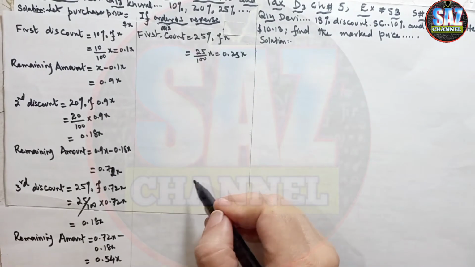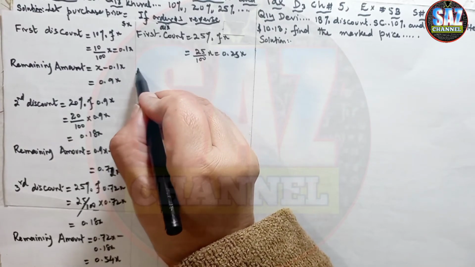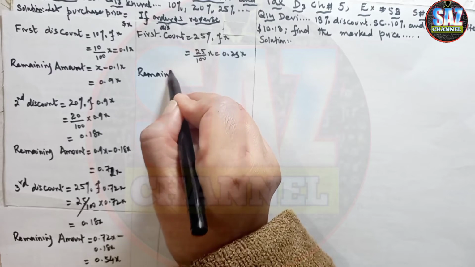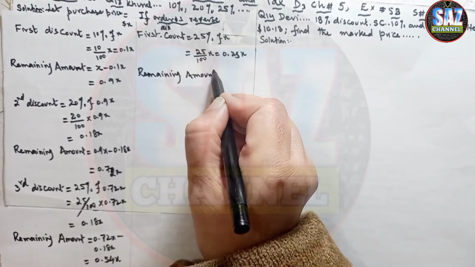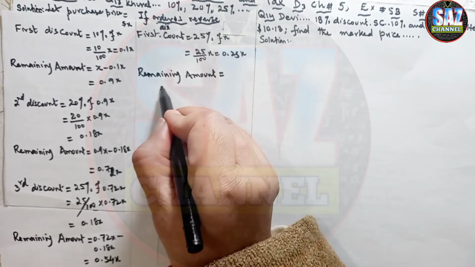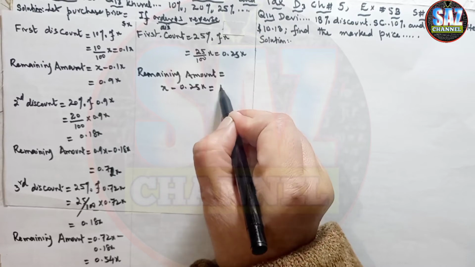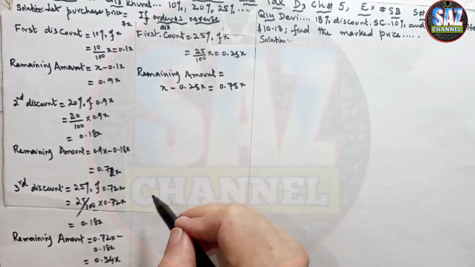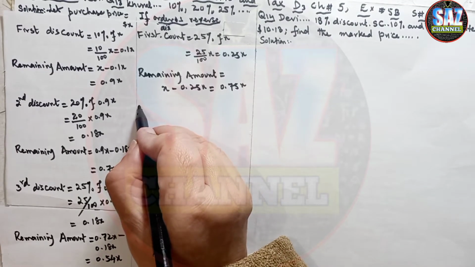If he's getting a 0.25x discount, then the remaining amount will be x minus 0.25x, which is equal to 0.75x.